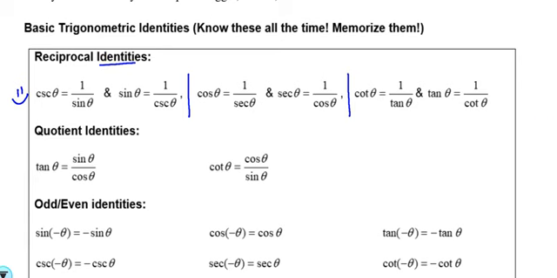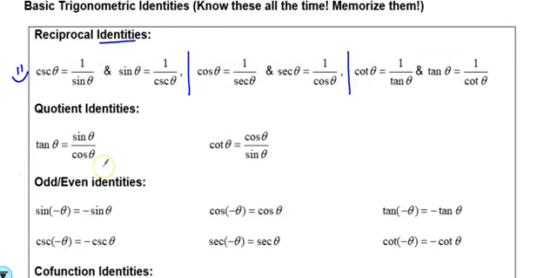Next are the quotient identities. Quotient identities we call a ratio. Until now, we knew that tangent theta was always y over x. But we also know that y is always sine and x is always cosine, so that is the same as y over x.